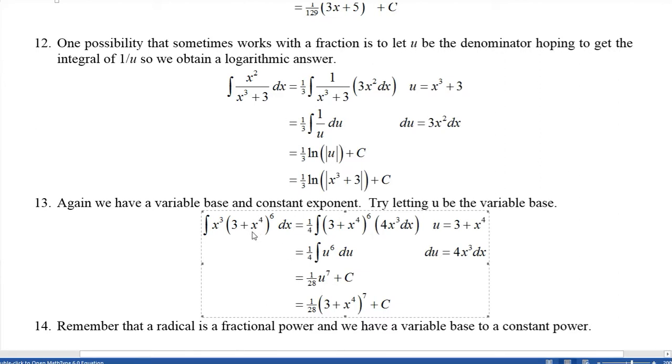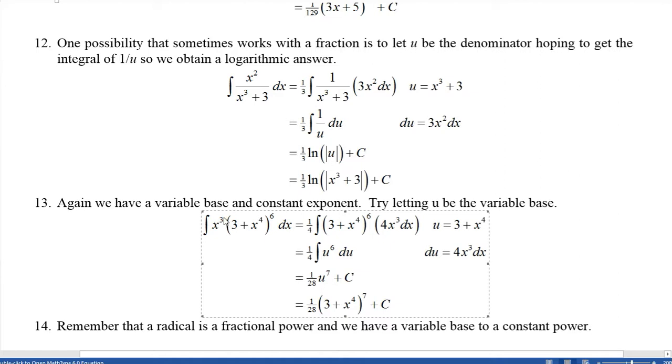Hopefully on the homework problems that we have, it will work out because they're designed that way. So if we take 3 plus x to the fourth and let that be u, now we have to figure out what du is. Of course, the derivative of 3 is 0. Derivative of x to the fourth is 4x cubed, and then of course we always have our dx. So du is 4x cubed dx.